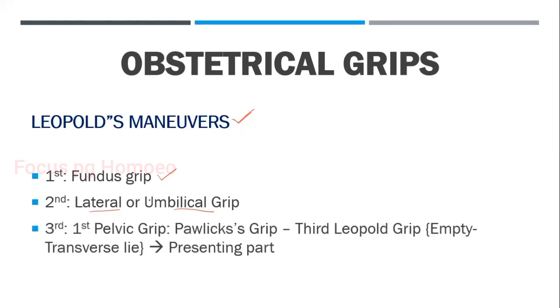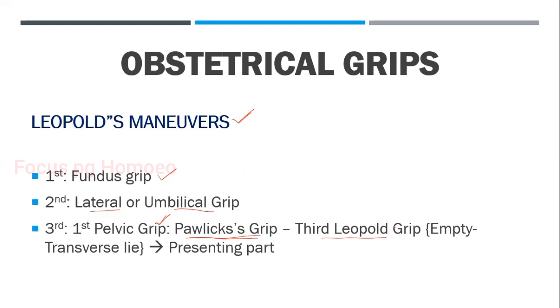Now, the third Leopold's maneuver is also called the first pelvic grip, because the first two are related to the abdomen, not the pelvis. It is also called Paulick's grip, and it is the third Leopold grip.